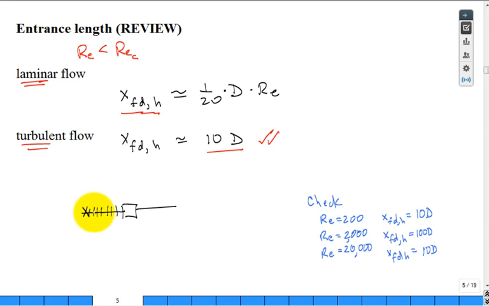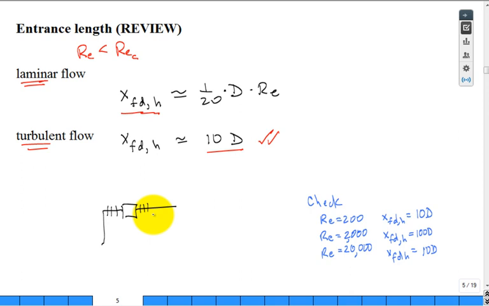And so, unfortunately, in some applications, they'll put in a flow meter 2 diameters after a bend. Bad news. Don't do it. Your flow meter won't have good readings. The accuracy of that flow meter, look at the paperwork that comes with it. It'll say, give me at least 10 diameters, straight run of the pipe before. And then usually there's also little criteria for straight run after the flow meter.